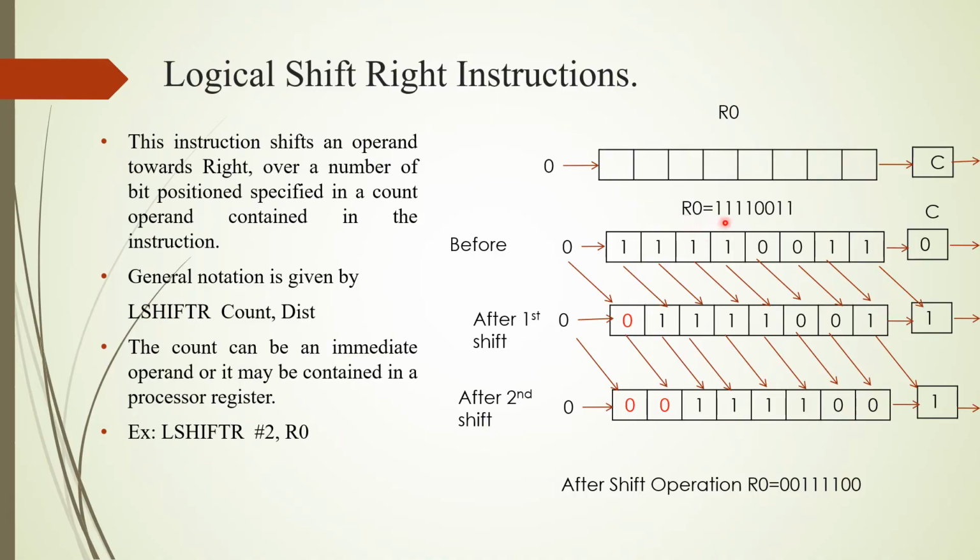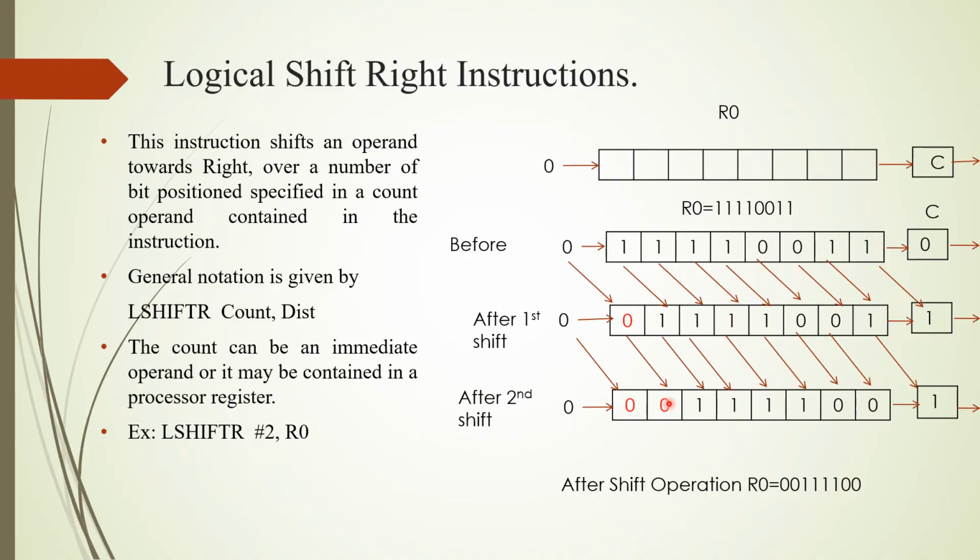Here R0 contains some value. Before the execution, this is the content of R0. After the first shift, the content from the MSB is shifted towards right by one bit position. The content of the LSB is moved out and a copy of that is available in the carry flag.